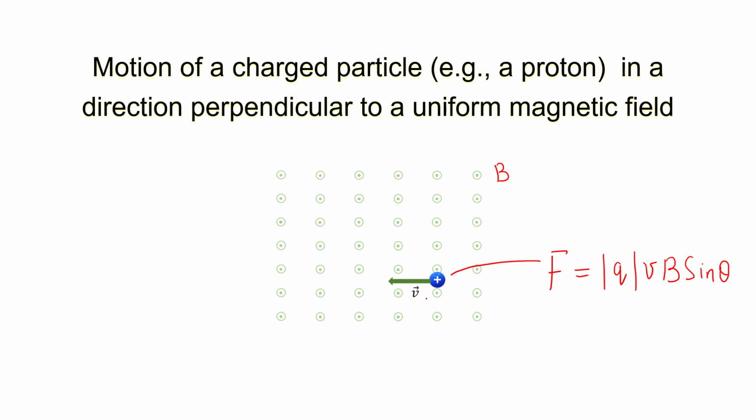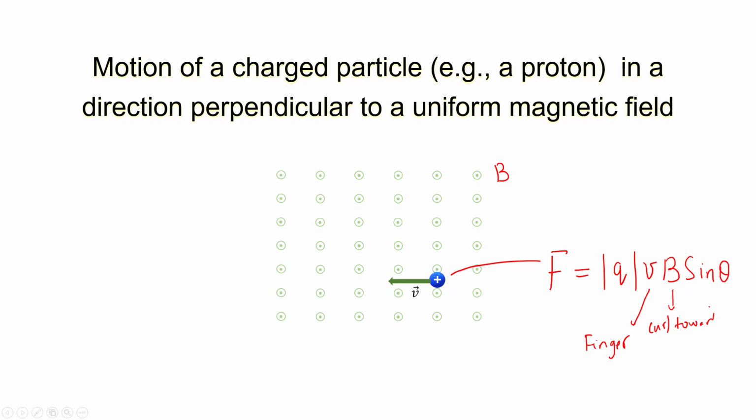And in order to find the direction of the force, we use the right hand rule. So we point our fingers along the direction of velocity and curl the fingers towards B, and the thumb gives the direction of the force.